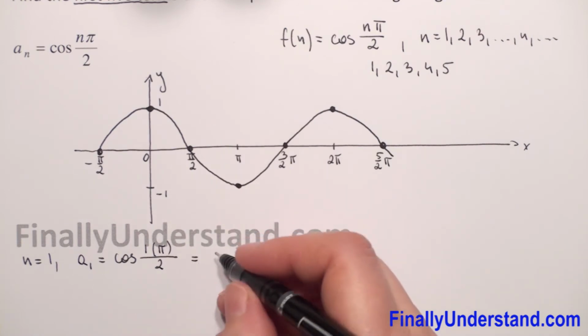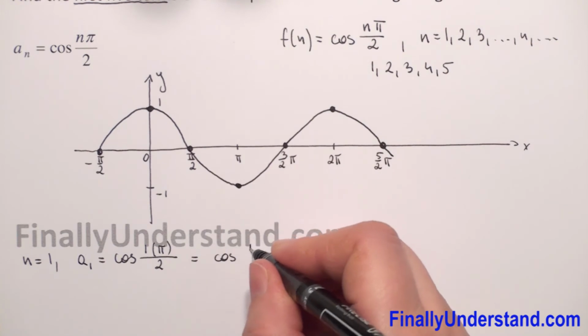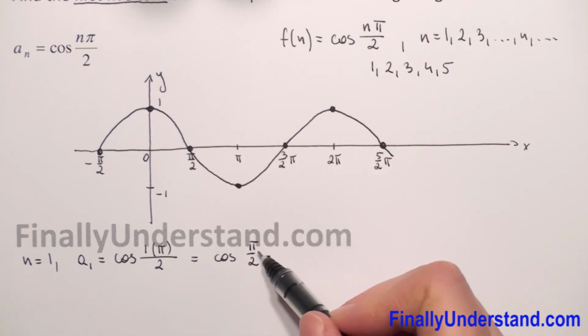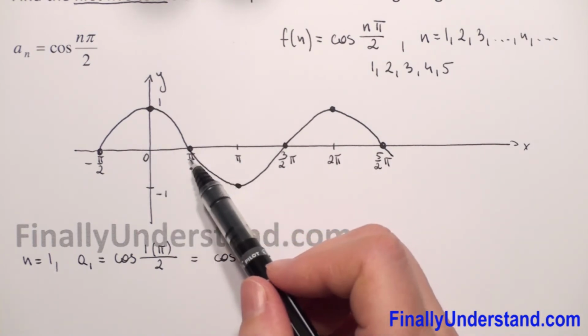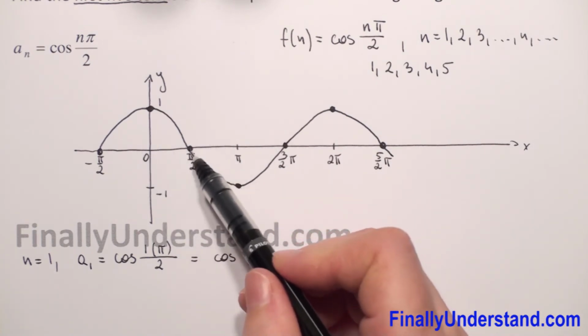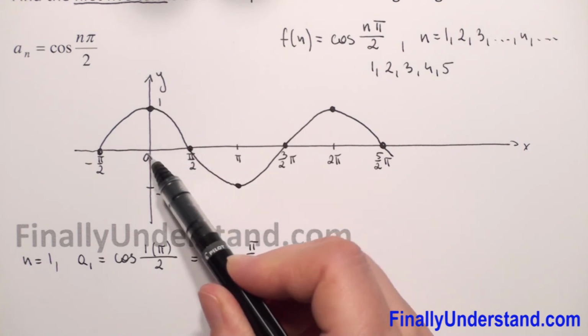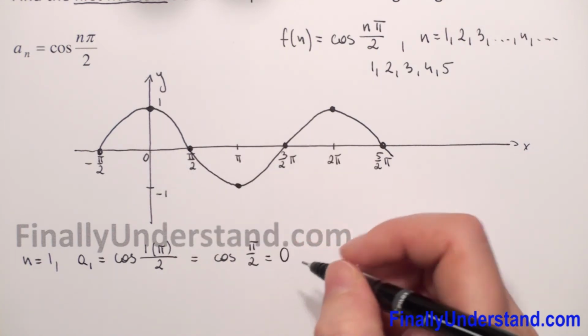So this is equal to cosine of 1 times pi over 2, which is cosine of pi over 2. We can go to our cosine function which we drew, and we see that for pi over 2, the value is 0. So this is equal to 0.